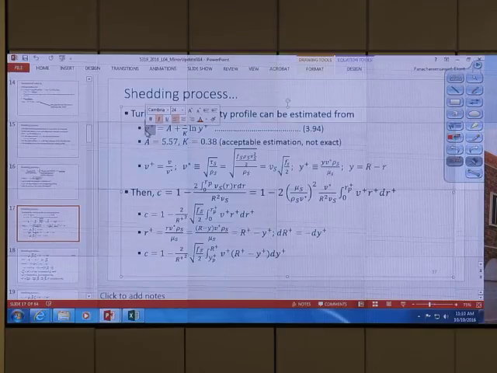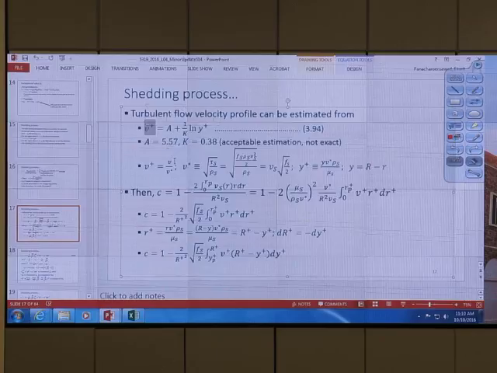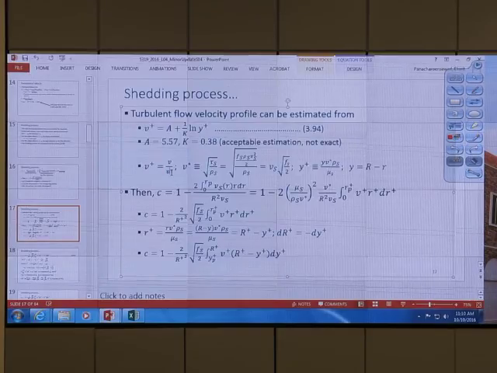Correct? Input is y plus, output is v plus. From v plus, can you convert it back to regular v? Of course, you multiply v plus with v star, then you get regular v. Then you can plot regular v as a function of regular r. That gives you the velocity profile.